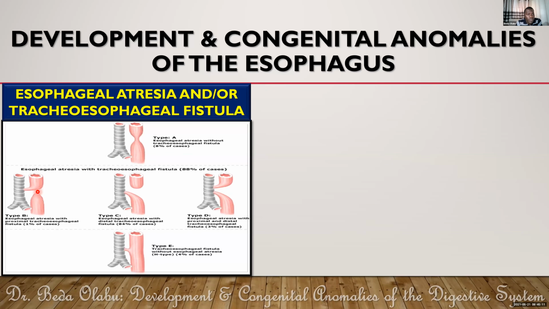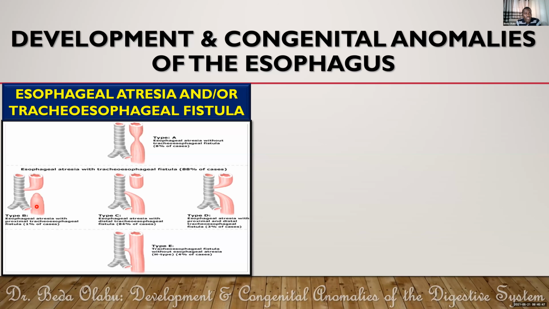Let's look at type B. In type B, we can see a fistula there, which is connecting the esophagus to the trachea. So that's a tracheoesophageal fistula. But we can also appreciate that the tubular lumen of the esophagus is not continuous. So this is esophageal atresia with a tracheoesophageal fistula.